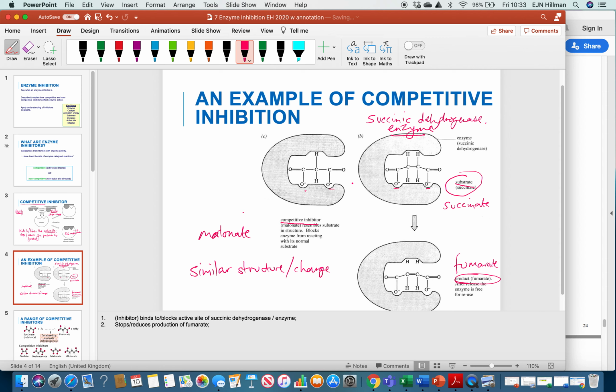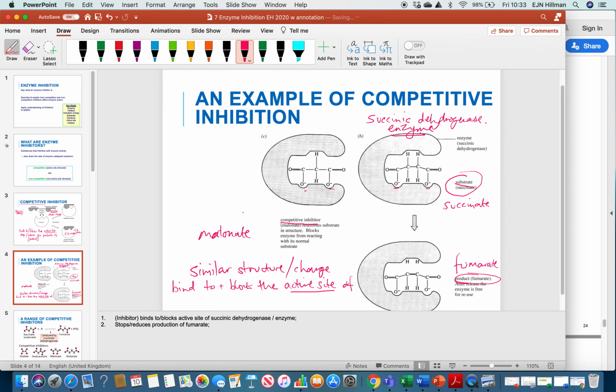And therefore, the competitive inhibitor, malonate, is able to bind to and block the, remember it's the active site that you must refer to, of the enzyme.